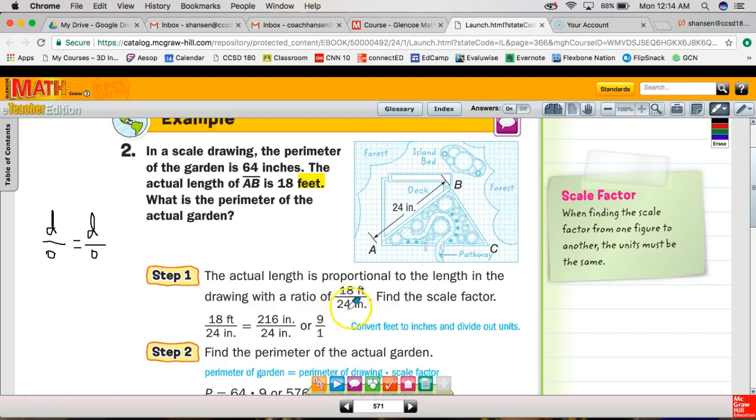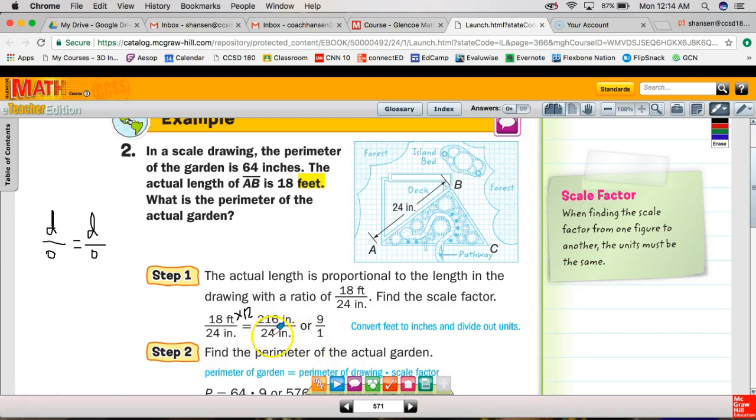So if I change the bottom to feet by dividing by 12, I would have 18 over 2, and 18 over 2 would give me 9. You can see that the book changes 18 feet to 216 inches by multiplying by 12. So to find the scale factor, it really makes no difference if you're using inches or feet.